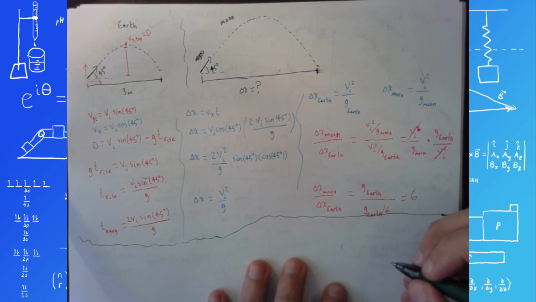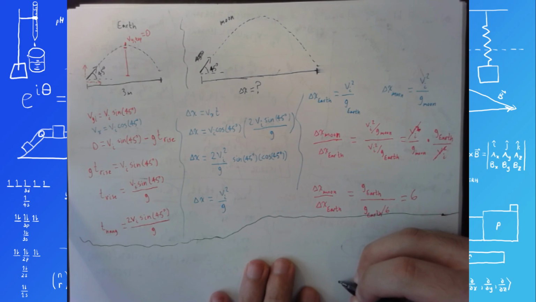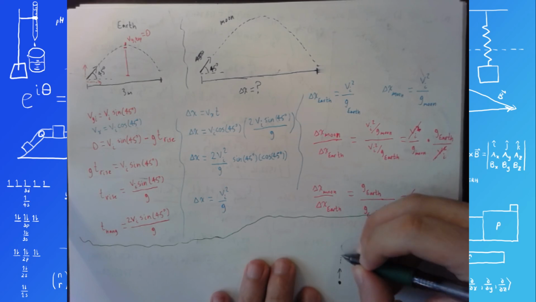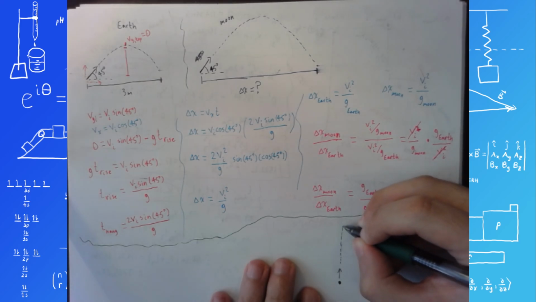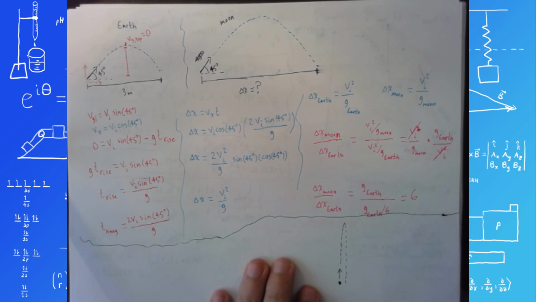So we have a ball that is thrown straight up and comes back down in 10 seconds.